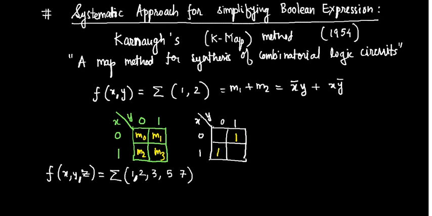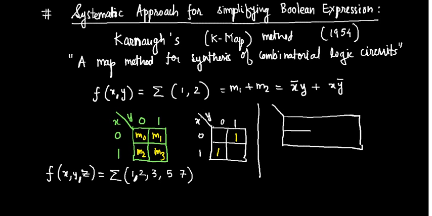So 3 variables can be 1 variable in the row and 2 in the column, or maybe 2 in the row and 1 in the column, something like that. So you may draw this map something like this. Here I may take x, y, z, or I can make this map vertical and write y, z along the rows and x along the column. That also I can do. You can simply invert this map. It's up to you.